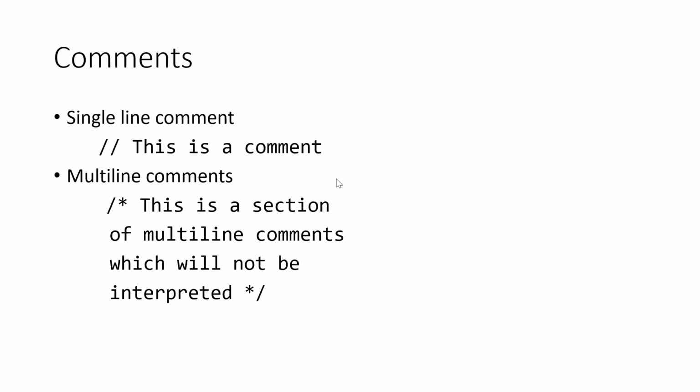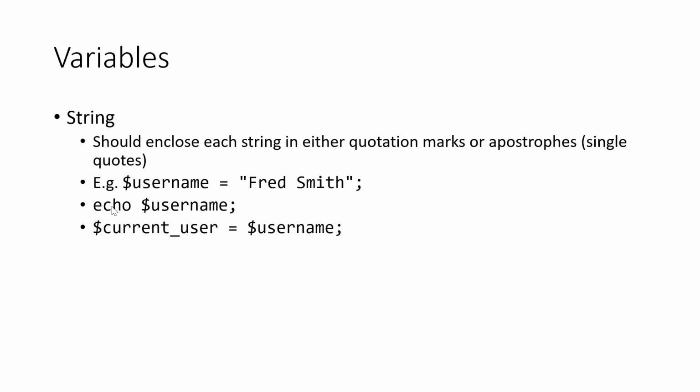A couple of things about the syntax: you can use single line comments with a double slash, and multi-line comments with slash and star, like in C, C style syntax. And remember, variables always start with the dollar mark, and then we have to have the values.